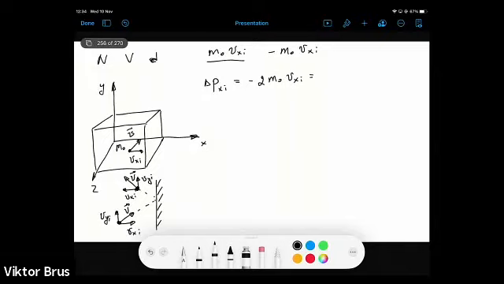So why minus 2? Because we have here minus m naught Vxi, which is the momentum after collision, then minus m naught Vxi, which is the momentum before collision. So we eventually end up with minus 2 m naught Vxi.